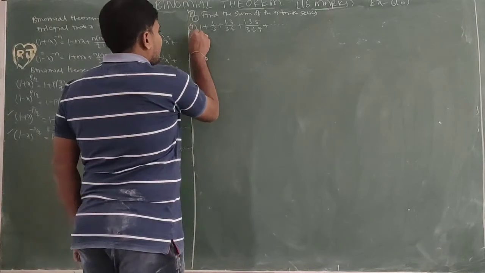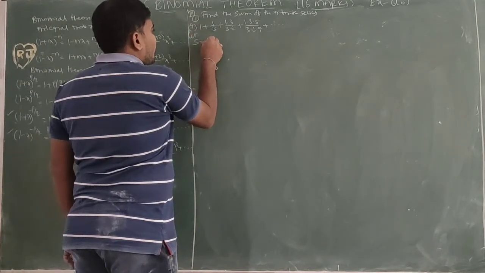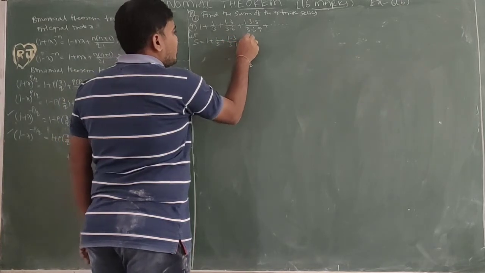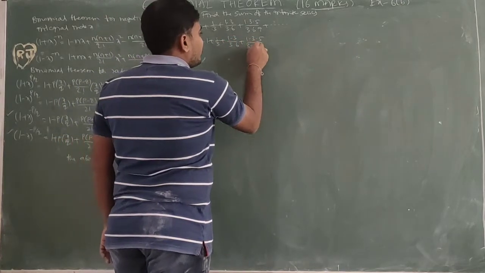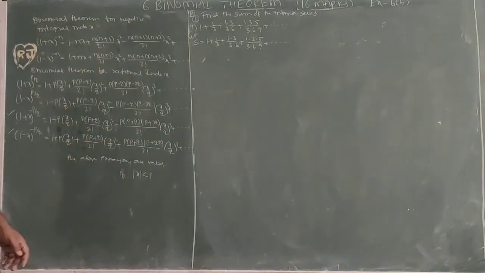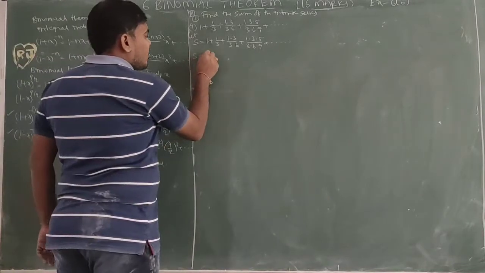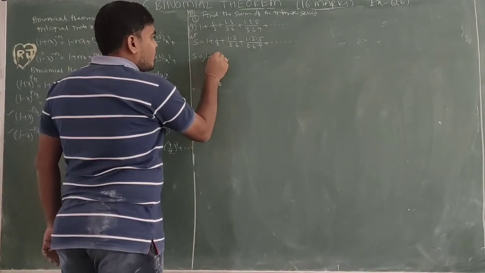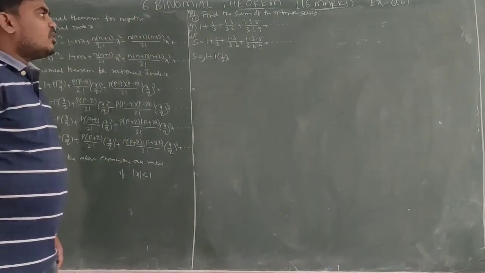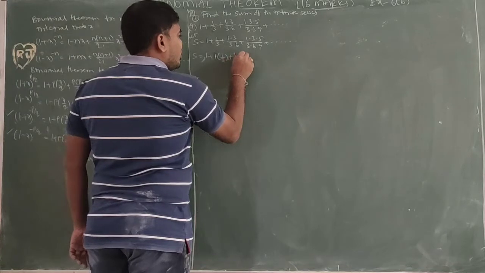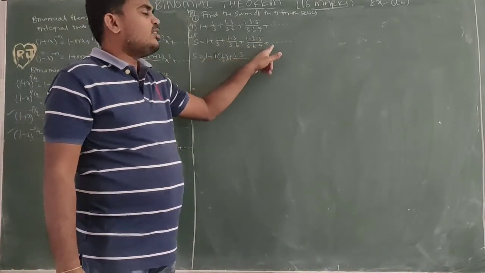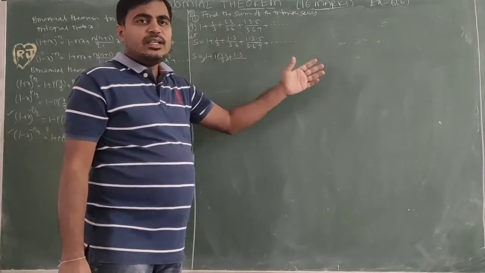First, let S equal 1 plus 1 by 3 plus (1 into 3) by (3 into 6) plus (1 into 3 into 5) by (3 into 6 into 9) plus up to so on. Now I am writing 1 into 1 by 3, plus 1 into 3 by 3 into 6, then 3 into 6 into 9, next 3 into 6 into 9 into 12.